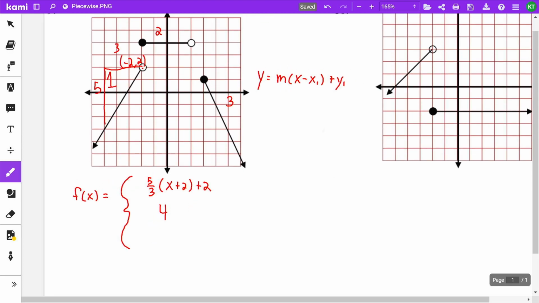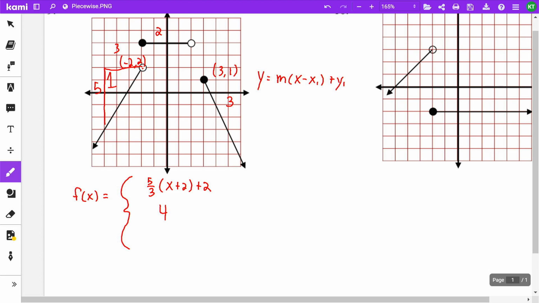And then lastly, our third subfunction, we have a point right here, and that point is at 3, 1. So using the same point slope form, we have my point. Then I'm going to go ahead and find out what my slope is. And this slope looks like it's a little difficult to find because it looks like if I went down 1, 2 and right 1, it doesn't always perfectly line up on our points.